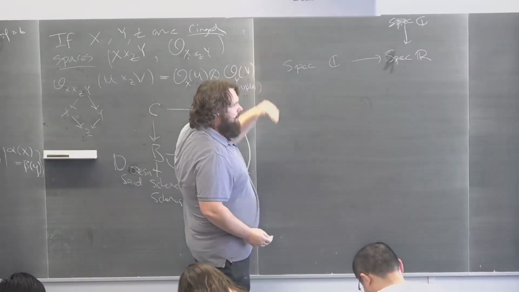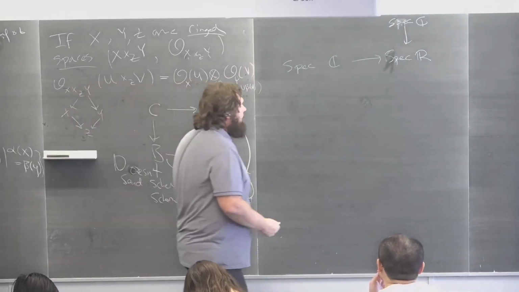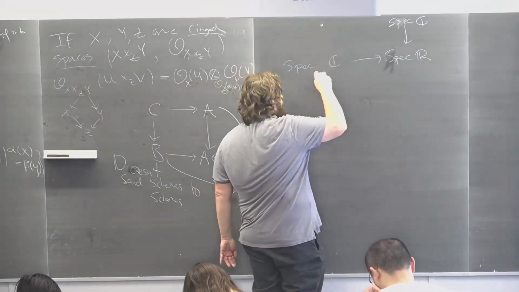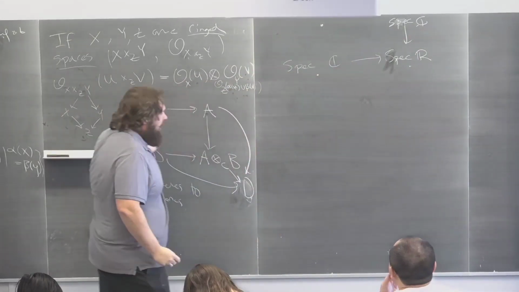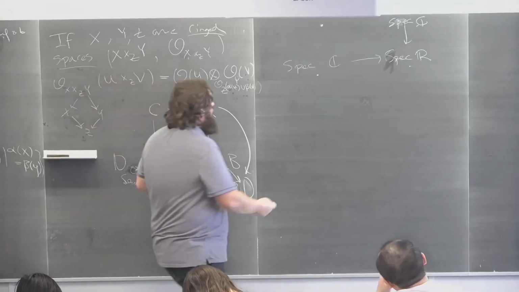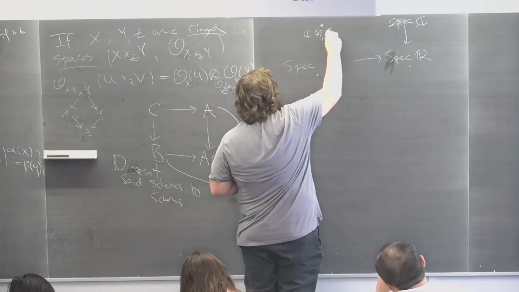And then what would I get here if I took this product of ring spaces? I would get 1 point. This is 1 point. This is 1 point. This is 1 point. And my functions on that 1 point would be C tensored over R with C.